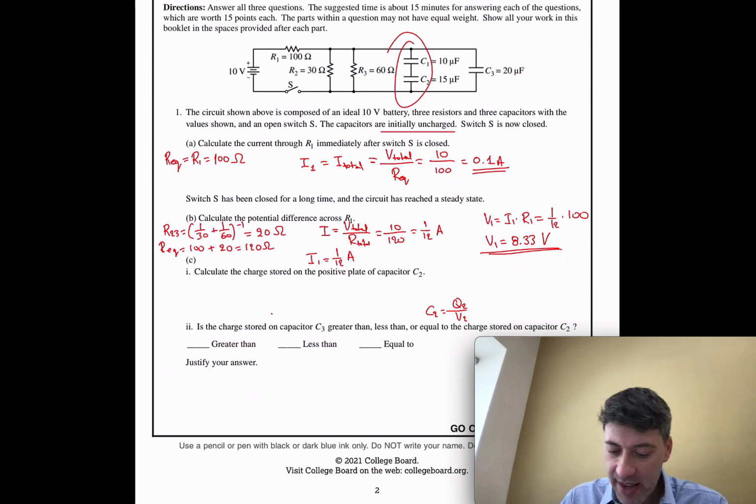So since these two capacitors are connected in series, they will have the same charge, like the equivalent capacitor. So we can say that Q2 is equal to the Q of the equivalent capacitor, C12, which is the capacitance of the equivalent capacitor, C12, times the total voltage V12.